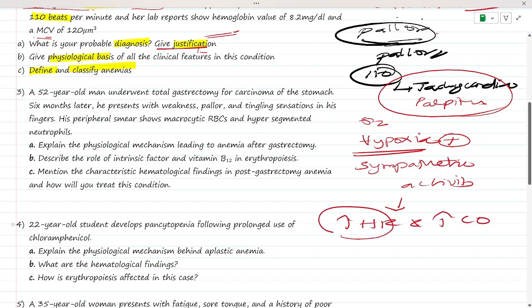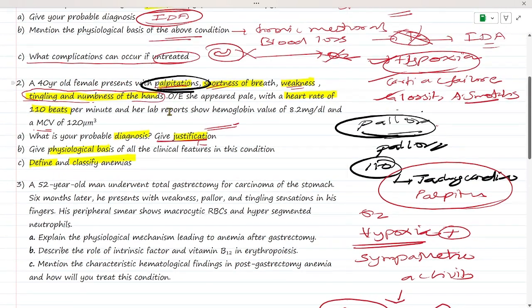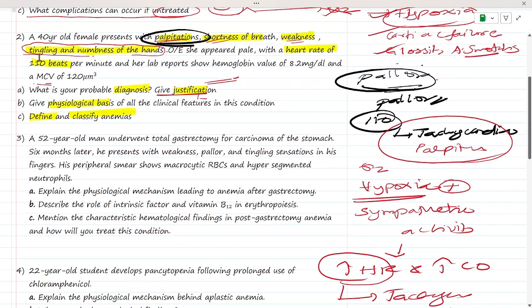So if the heart rate is increased, obviously tachycardia and palpitations are seen. So this is the physiological basis of palpitations.